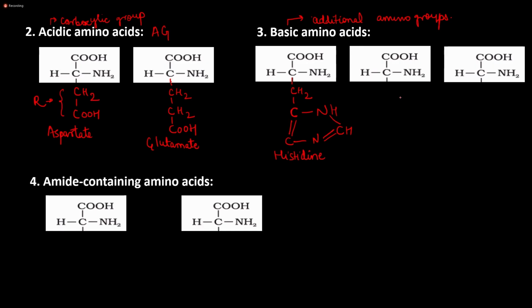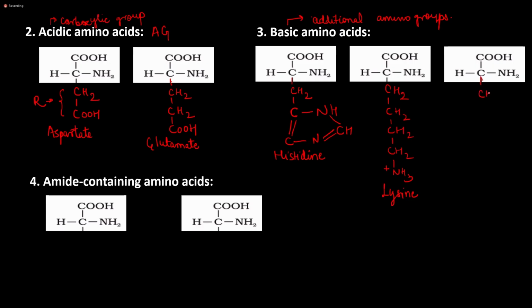Now what is the second basic amino acid? That is lysine. In lysine, you have a linear chain of 4 CH2 and 1 NH3 plus, and this is lysine. This is your second basic amino acid, and the third basic amino acid is arginine.